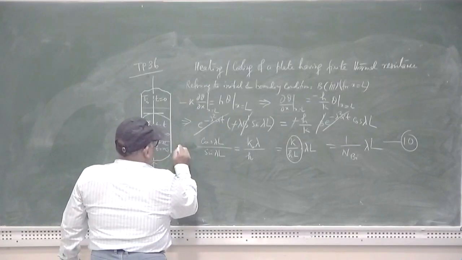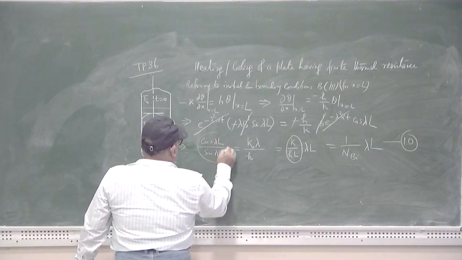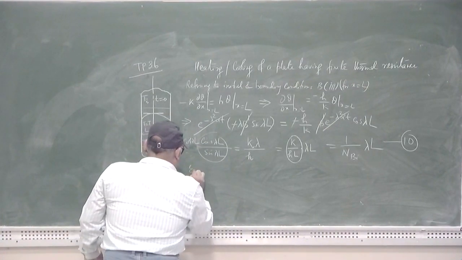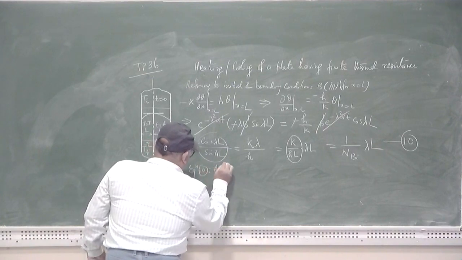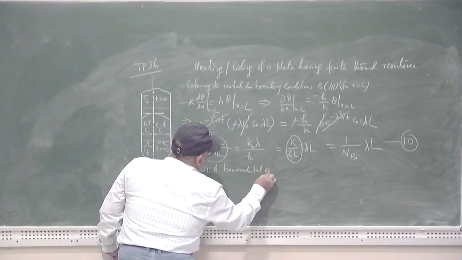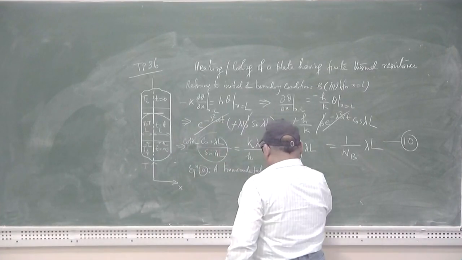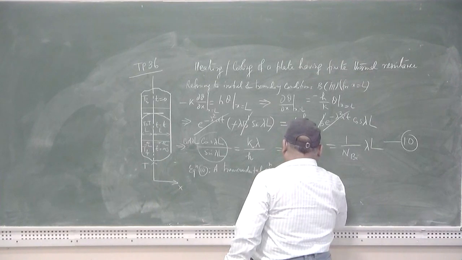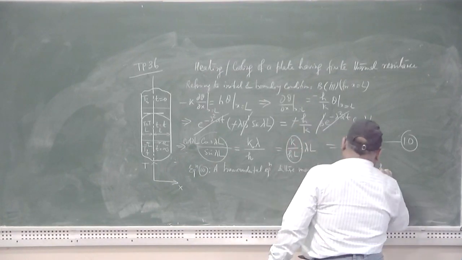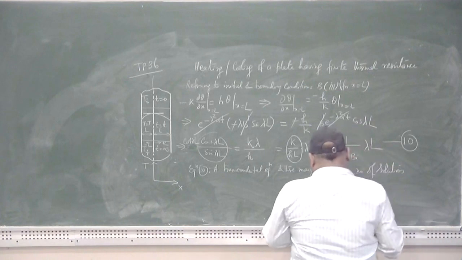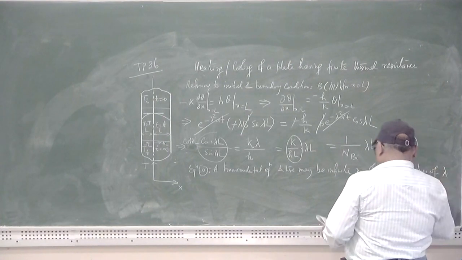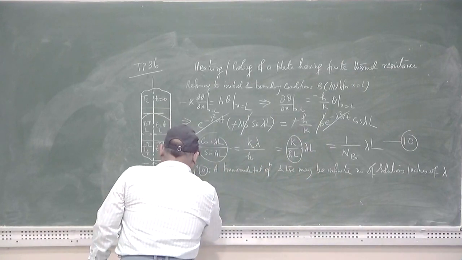Cos lambda L by sin lambda L is equal to cot lambda L. So equation number 10 is a transcendental equation, then there may be an infinite number of solutions, or values of lambda, satisfying it.